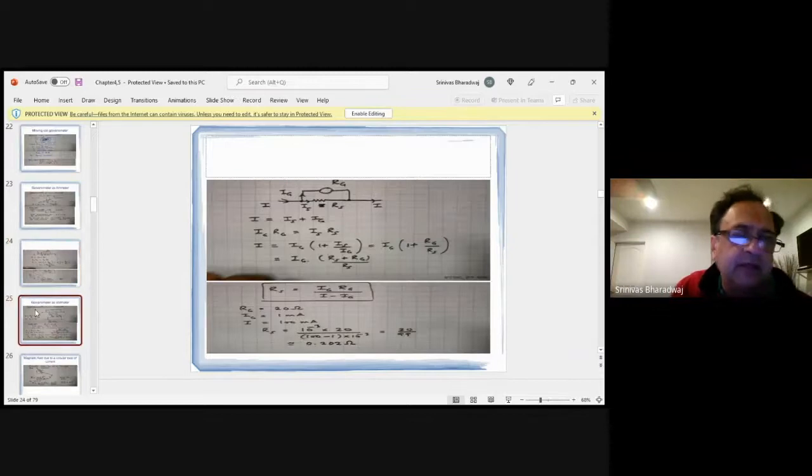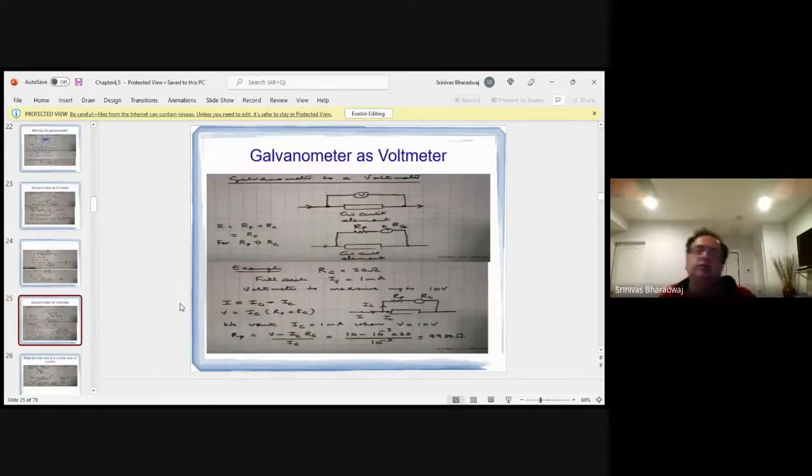Similarly, if you want to use a voltmeter, let's say you have 2 points in a circuit and you want to measure the voltage between those 2 points. How do you do that? You have the circuit element, and you have these 2 points in that circuit element. You're trying to measure the voltage across those 2 points.